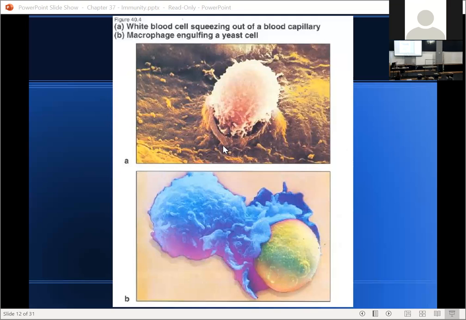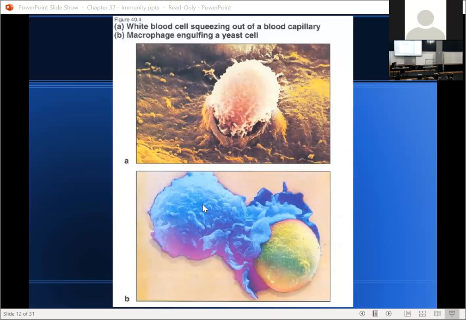When the cell junctions aren't as tight, this is going to allow cells to get out of the blood vessels by squeezing in between the endothelial cells that make up the lining of the blood vessel. So that's what we're seeing in A. This is a white blood cell squeezing out of a blood capillary by squeezing between the endothelial cells that line the blood vessel.